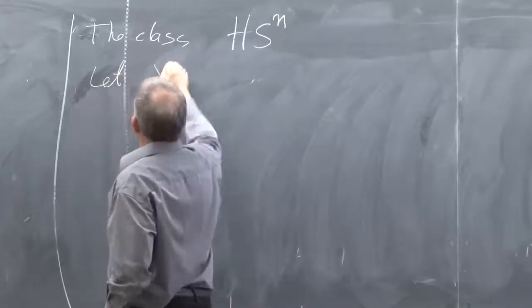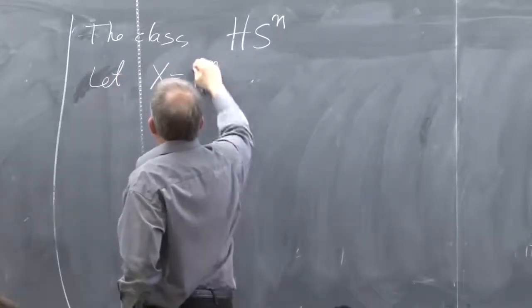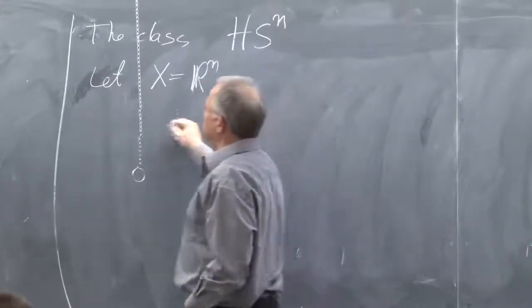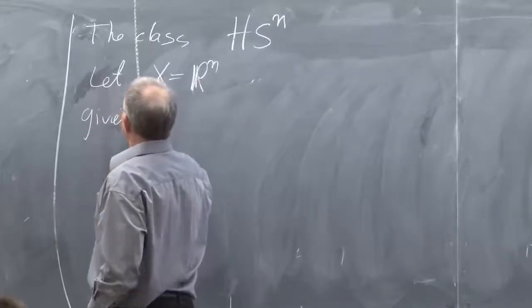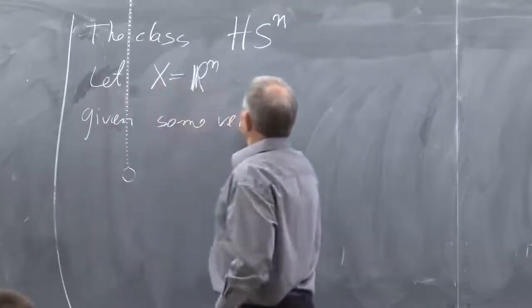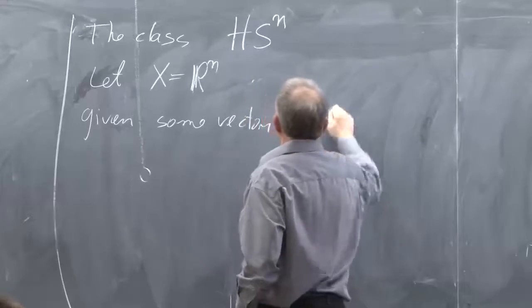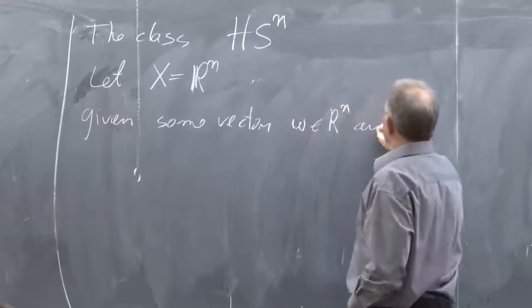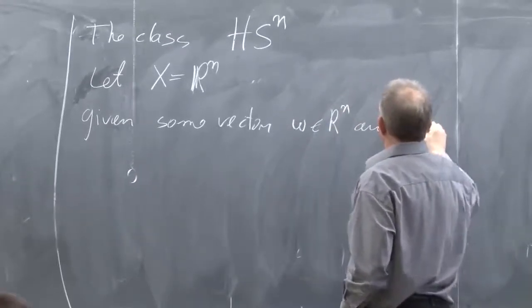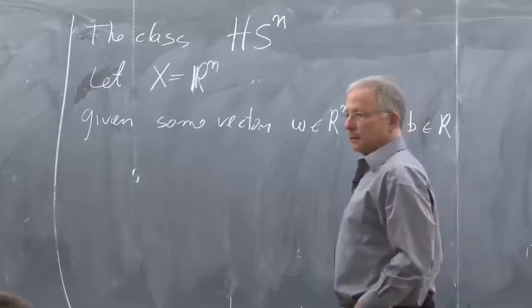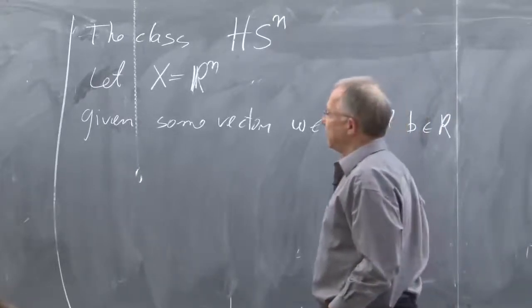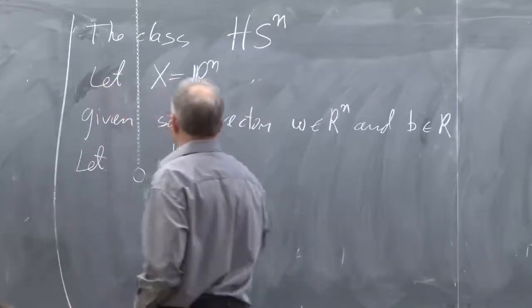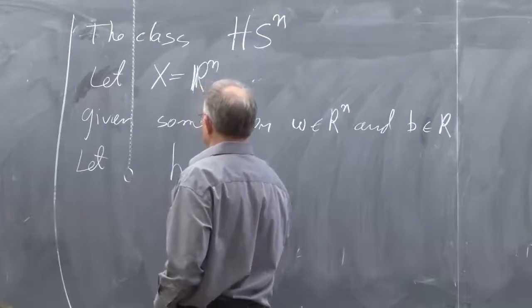Let my X be the real space Rn, and for a given vector W in Rn, and some number b in R, let H be the predictor defined by W and b.